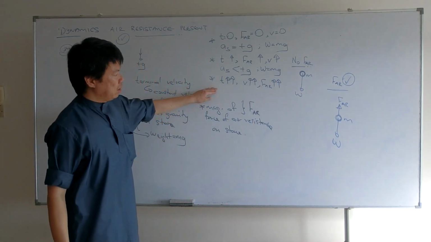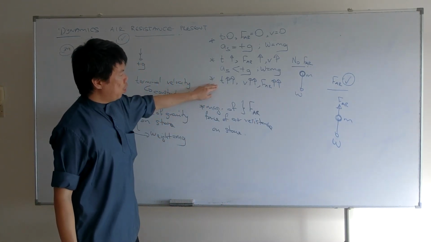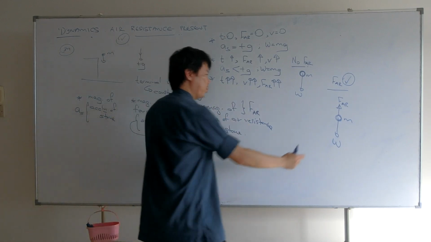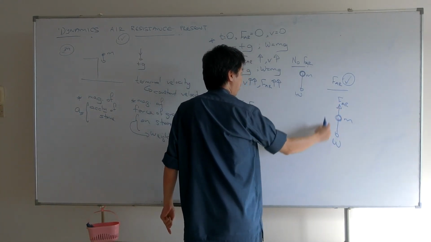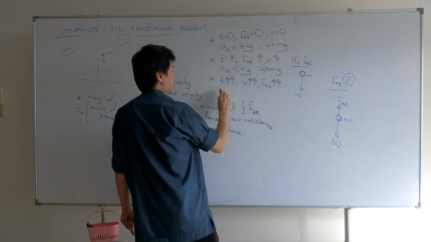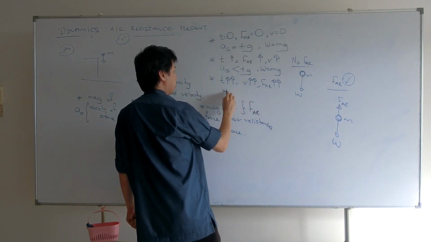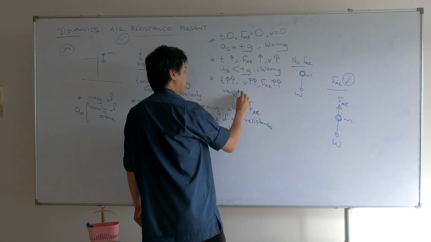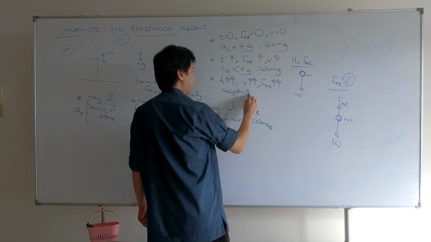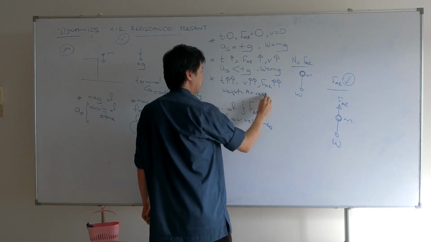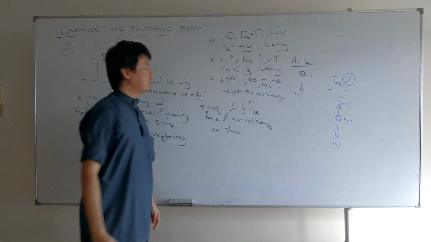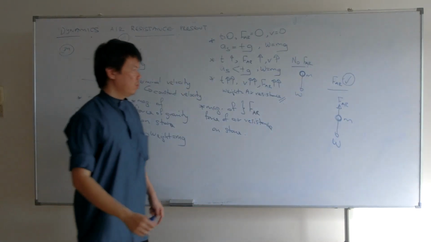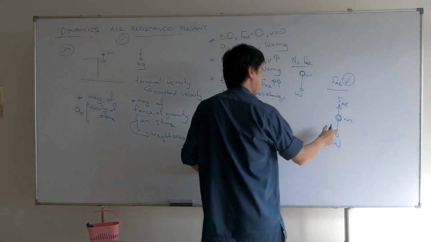When that occurs, there will come a point where your weight and your air resistance will balance off each other. Okay? There will come a point when weight will be equal to your air resistance. When that occurs, what happens? Let us write the equation for that.